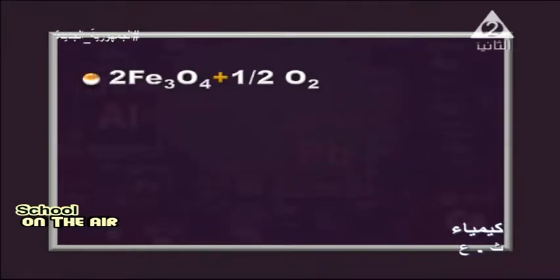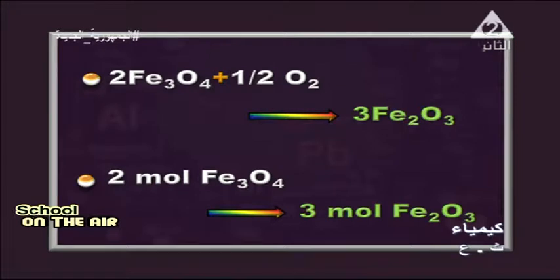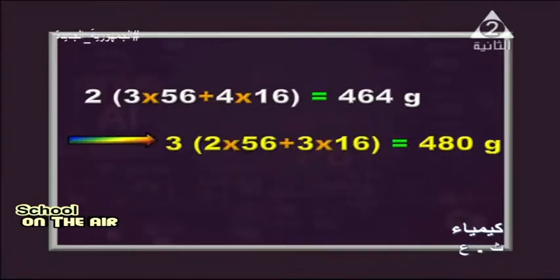The solution: as we write the equation, 2 moles of magnetic iron oxide on oxidation give 3 moles of iron(III) oxide. So the ratio of the moles of magnetic iron oxide to iron(III) oxide is 2 to 3. Converting both of them into mass, as shown on the screen, 464 gram gives 480 gram.